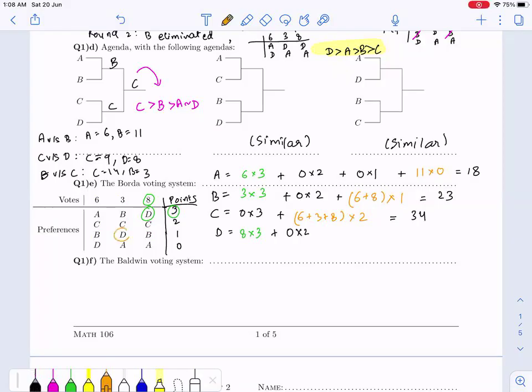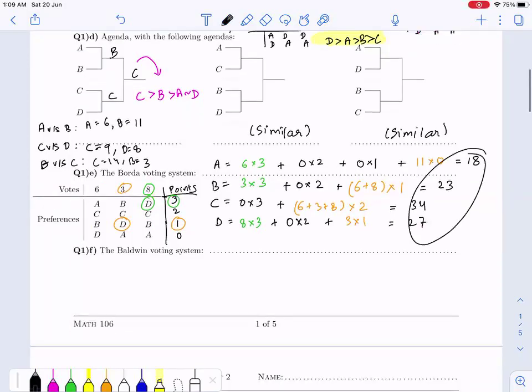There are 3 voters who voted D as their third choice. So that's 3 times 1. And we don't care about the last choice. So this is 24 plus 3, which is 27.